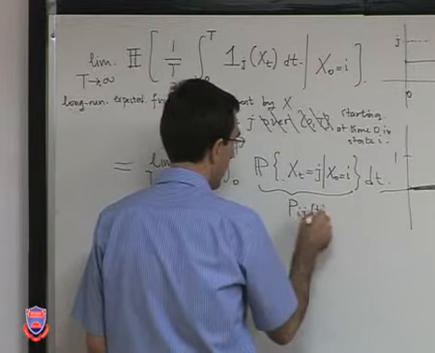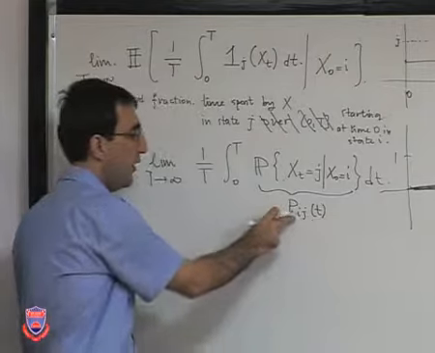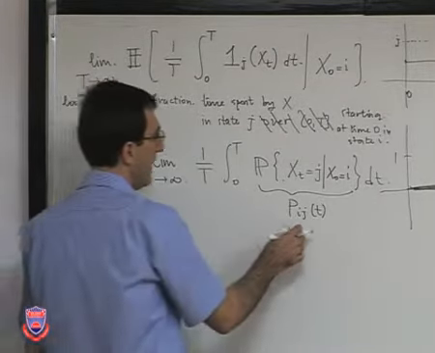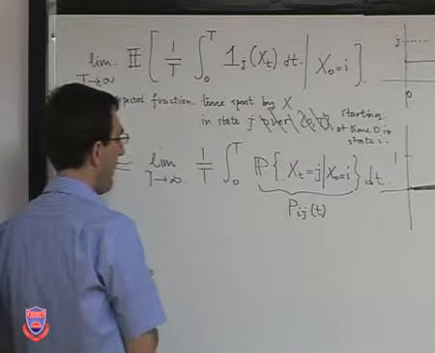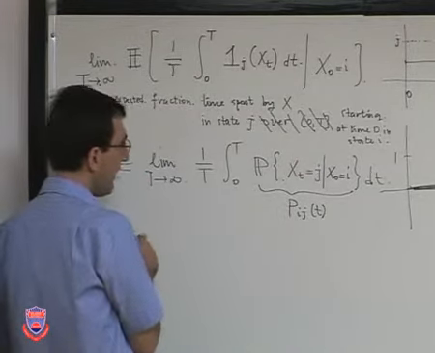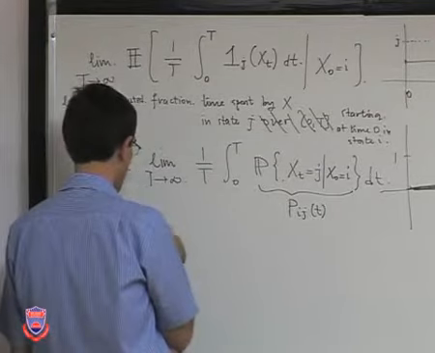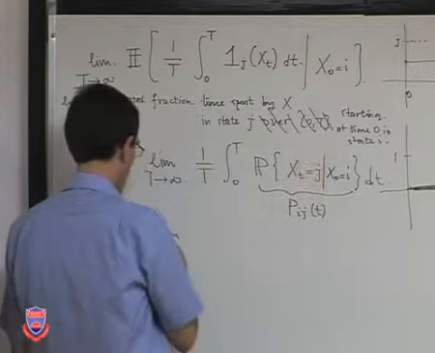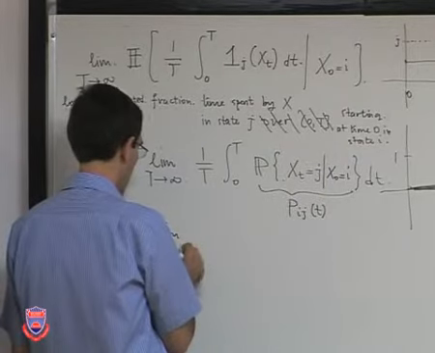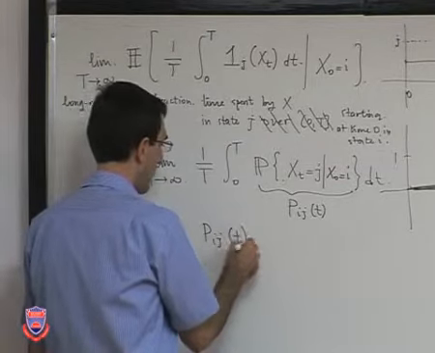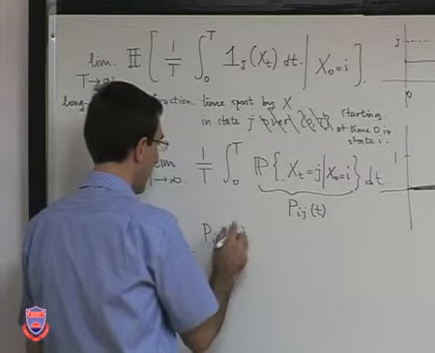But this is nothing but the transition function P_t for the pair ij, the probability of going from i to j in t units of time. We can show, just the way we did in the discrete time Markov chains, that this is going to have the same limit as the limit of the function we are integrating.